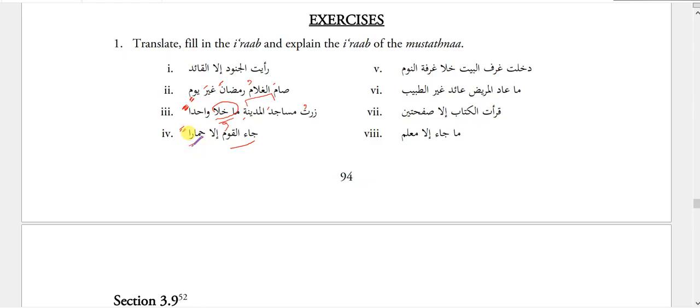Because the mustasna is mentioned, but the mustasna was never a part of the mustasna minhu, it is munqati. Dakhaltu, I entered, ghuraf al-bayti, the rooms of the house, khala except ghurfata al-nawmi, the room of sleep, or whatever we say for the room in which we sleep, the bedroom.